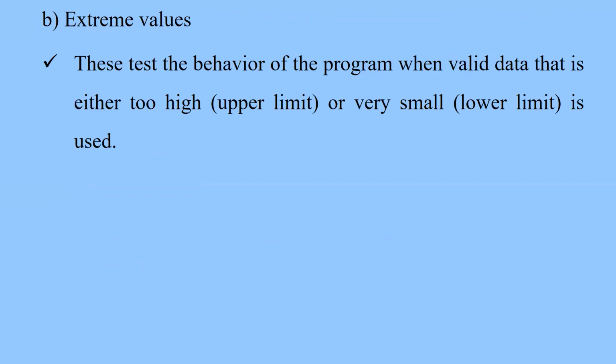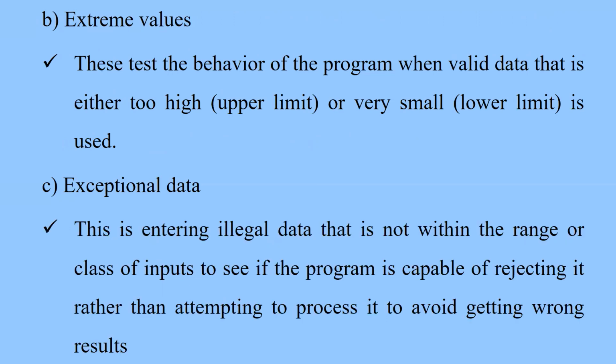This tests the behavior of the program when valid data that is either too high, upper limit, or very small is entered. The third category is exceptional data. This is entering illegal data that is not within the range or a class of inputs in order to see if the program is capable of rejecting it, rather than attempting to process it to avoid getting wrong results.